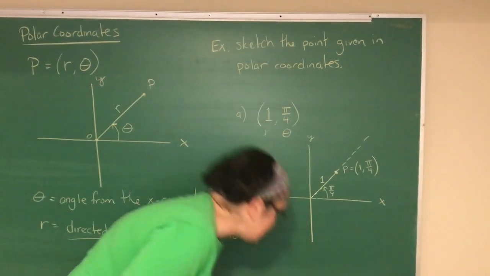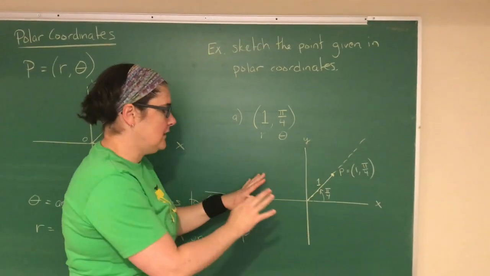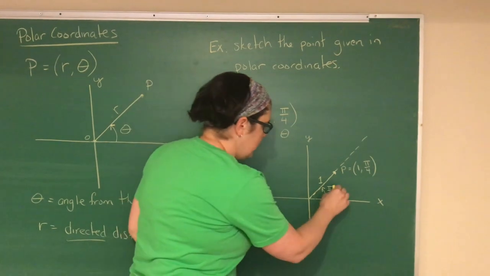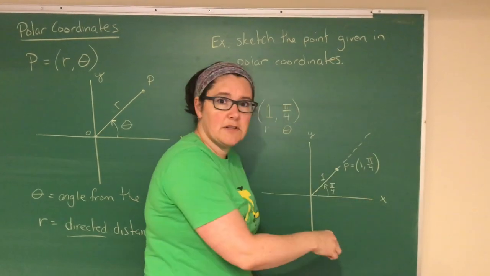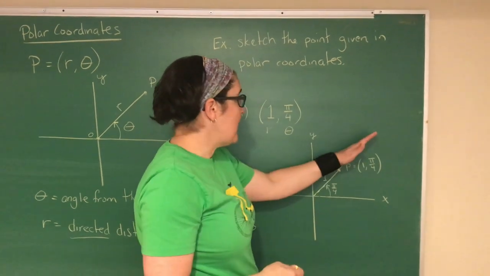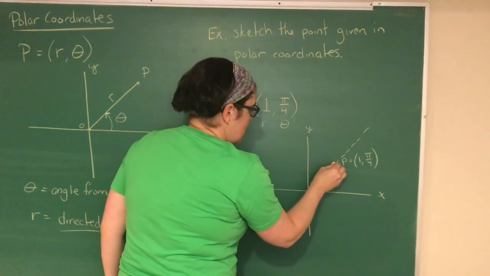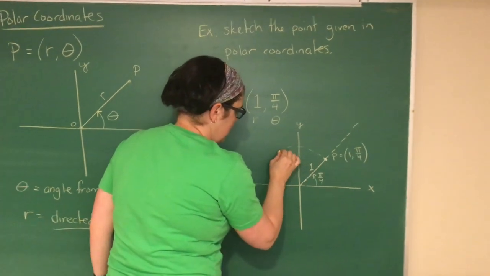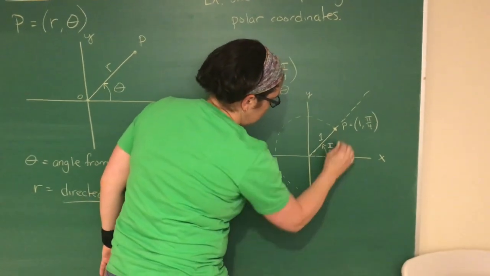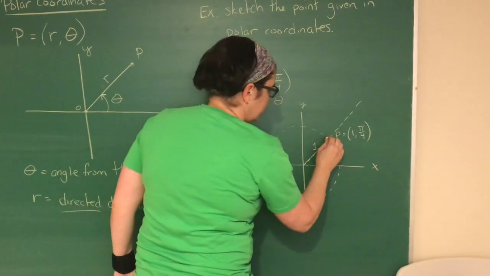Now, in terms of a sketch, how do I know when I get to a distance of 1? Well, if I'm in the xy plane, typically I would put marks 1, 2, 3, 4, 5 along the x-axis, 1, 2, 3, 4, 5 along the y-axis. When we're talking about polar coordinates, I want to think about a circle with a radius of 1.